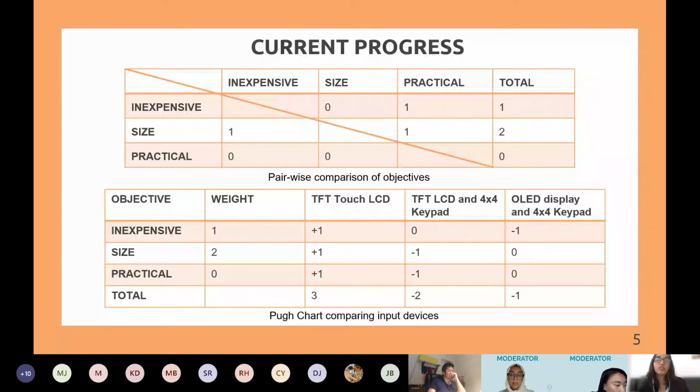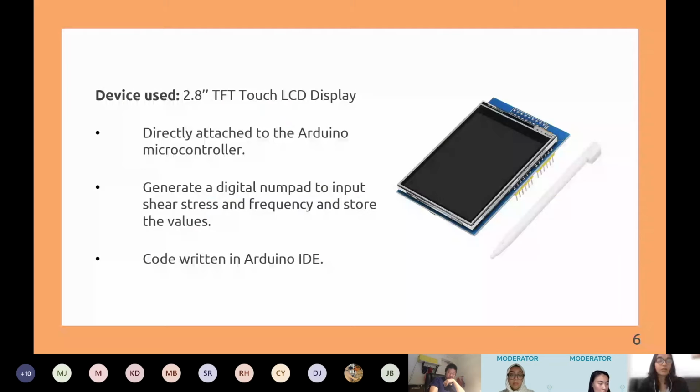So the designs that I had looked at were the TFT Touch LCD, the TFT LCD and the 4x4-inch keypad, and the OLED display with the 4x4-inch keypad. And according to the Pugh chart, the 2.8-inch TFT Touch LCD was suggested as it had the highest score among the three.